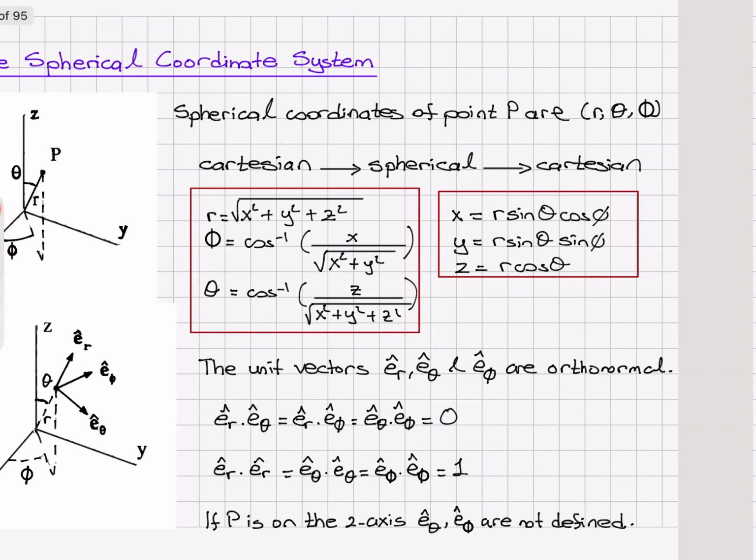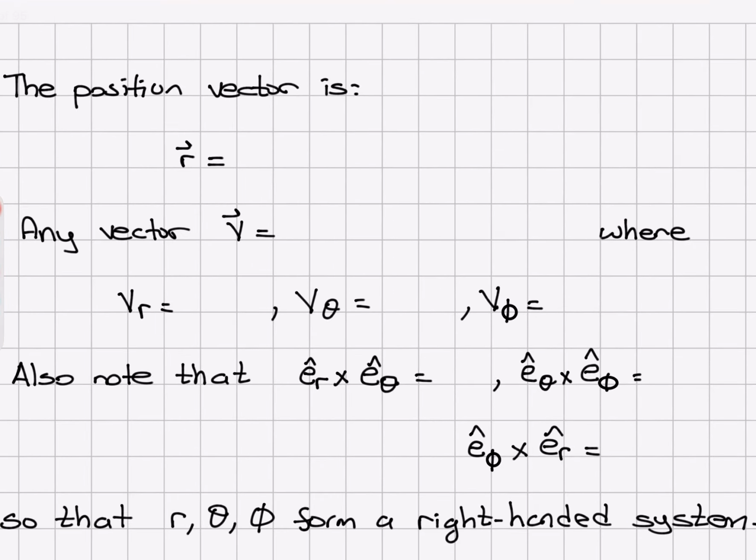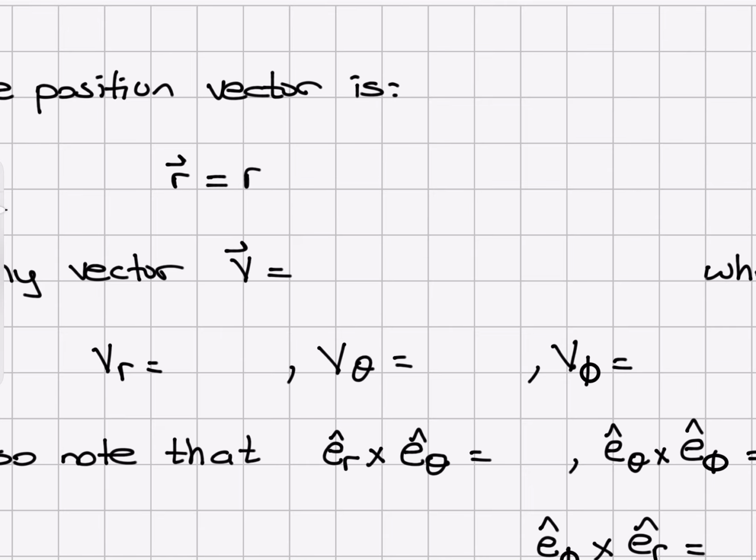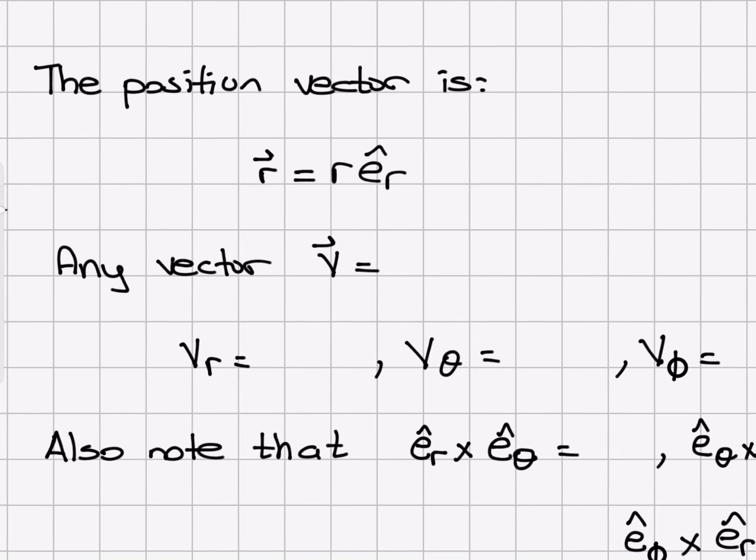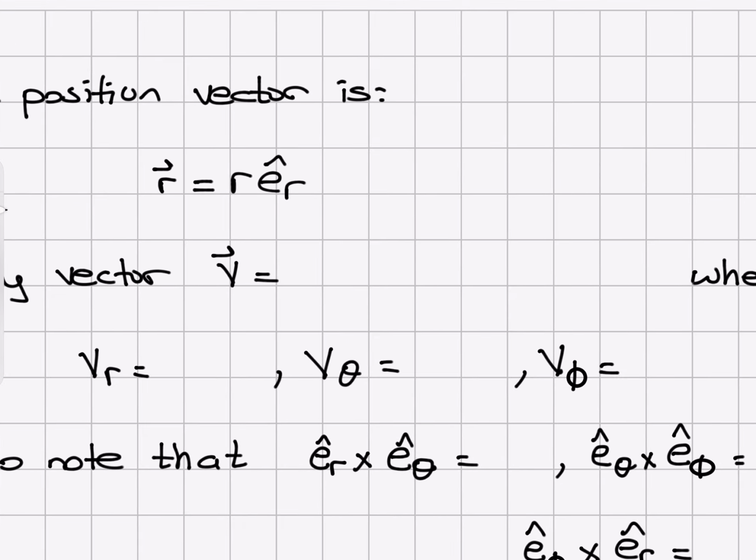Now, what is the position vector in spherical coordinates? The position vector is r e r hat, and any vector v will have a component on the radial axis, v r e r hat, a component on the polar axis, the polar angle, v theta e theta hat, and on the azimuthal axis v phi e phi hat.